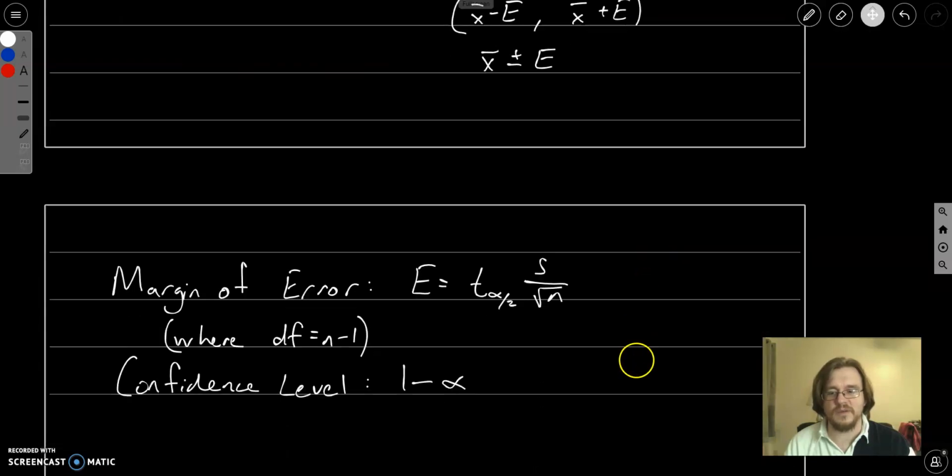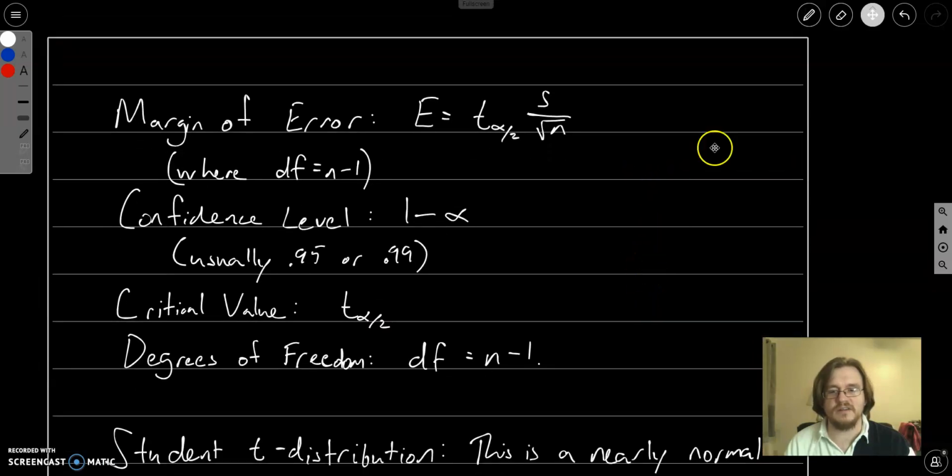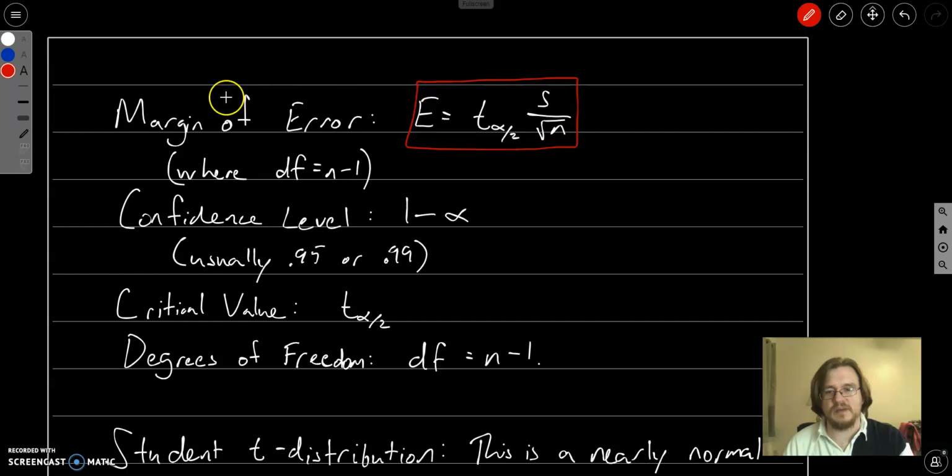Let's look at our formula for the margin of error. And this is our formula. And there will be a couple things that we'll notice here. One is that we have t sub alpha over 2 rather than z sub alpha over 2, and I'll explain t in a second. But essentially it comes from this over here.